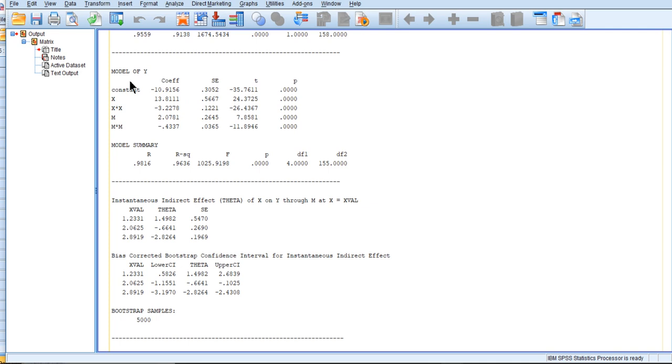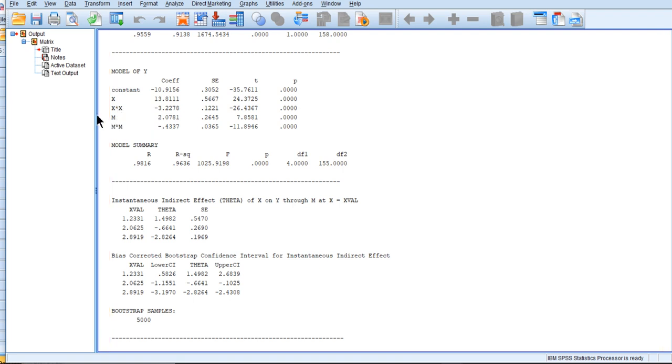Here we have the relationship between the independent variable when it isn't made a quadratic effect, and when it is made its product, a quadratic effect.